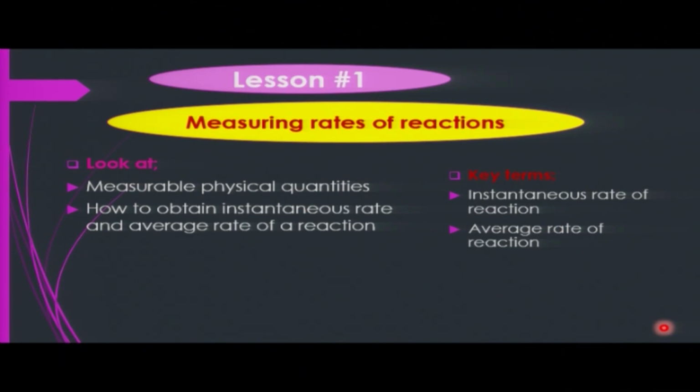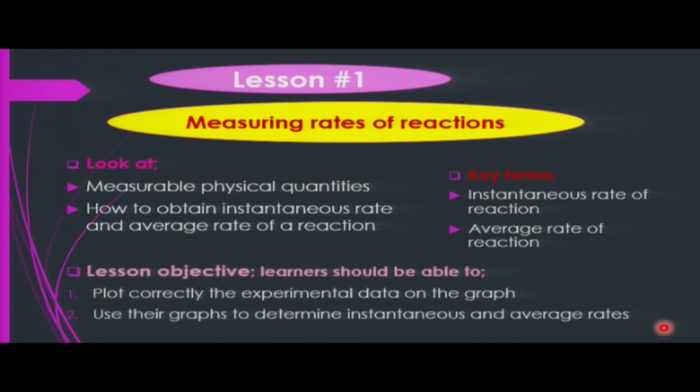So that is what we shall look at, and from the content to be covered, we have two objectives. One is you're supposed to plot correctly experimental data on the graph and use the graph to determine instantaneous and average rates.